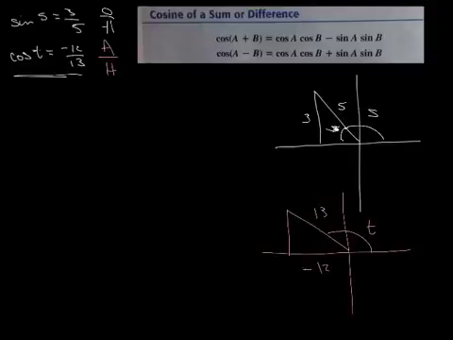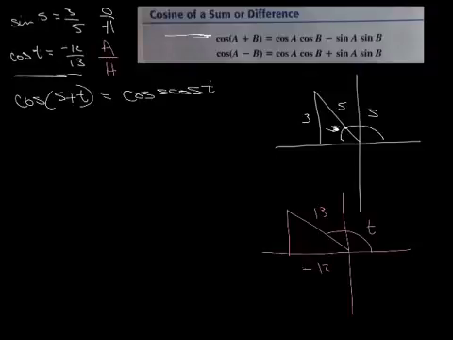What we're going to do here is rewrite this as the formula, because they say find cosine of S plus T. Well, if that's true, I'm going to follow this right here, and that's going to be cosine of S cosine of T minus sine of S sine of T.